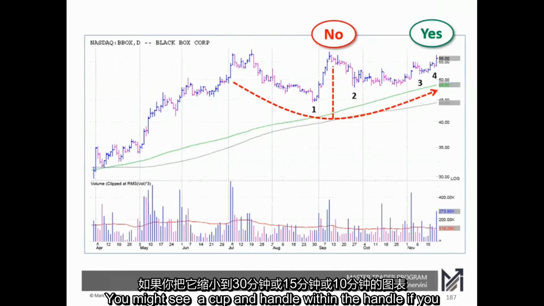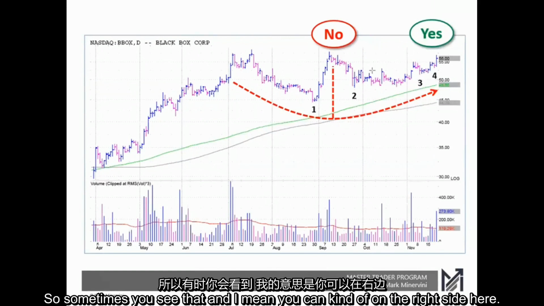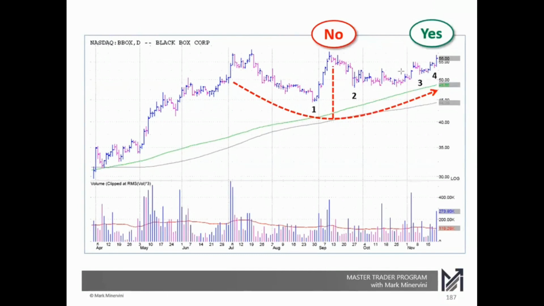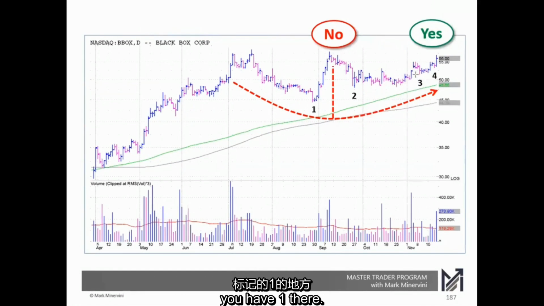You might see a cup and handle within the handle if you take it down to a 30-minute or a 15 or a 10-minute chart. So sometimes you see that, and on the right side here, it's really a cup and handle, but then you have another little cup and handle at points 3 and 4. You have one there, and so it's really a pattern within a pattern, and that seems to show up many, many times.